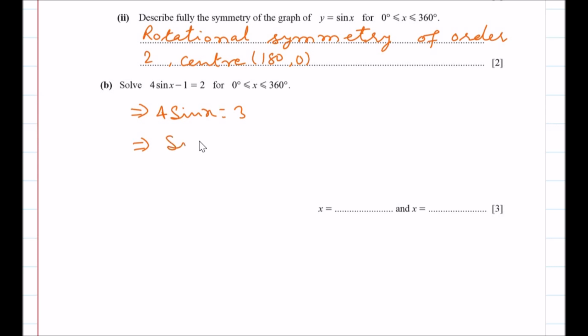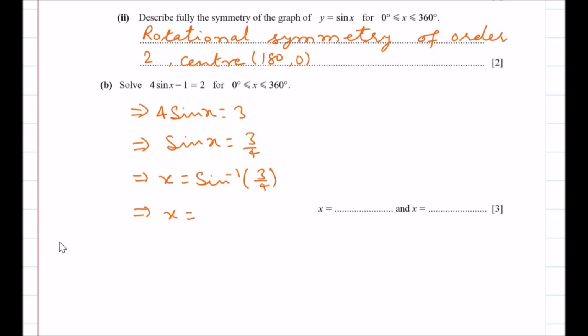This implies that sine x is equal to 3 by 4. This implies that x equal to sine inverse 3 by 4, right?